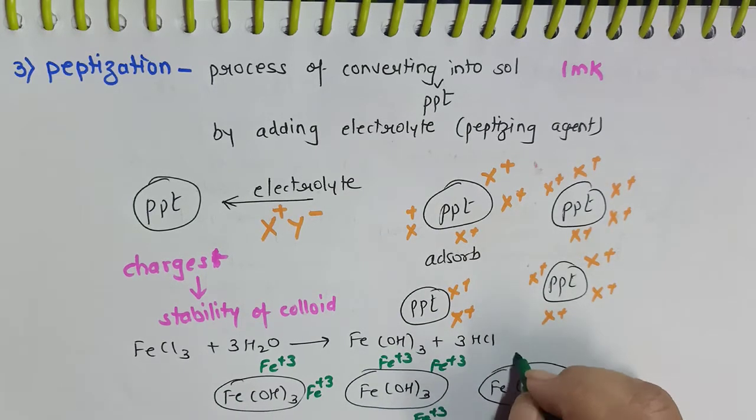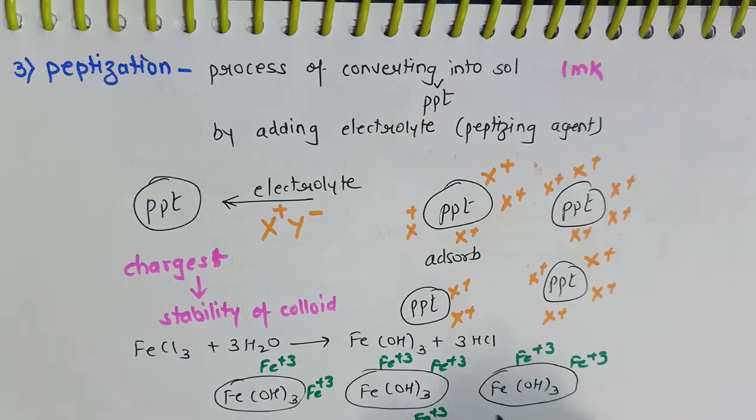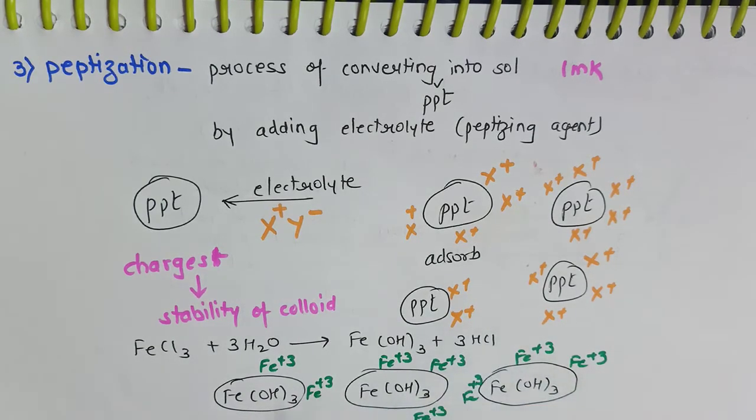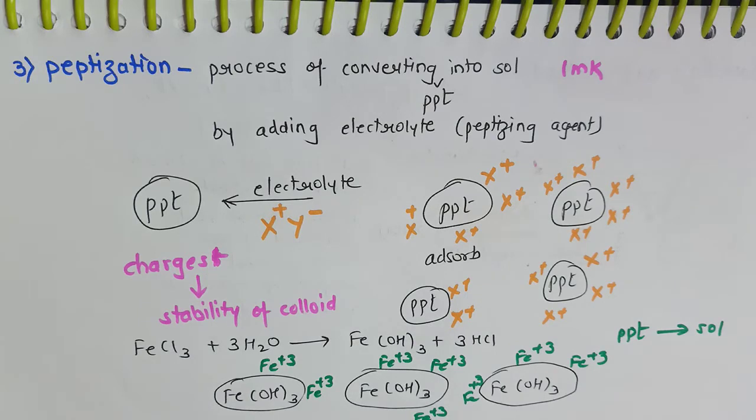So what will happen? All similar charges will come together and therefore they will start repelling each other. As a result, this whole precipitate will be converted into sol. So this is what the process of peptization is.